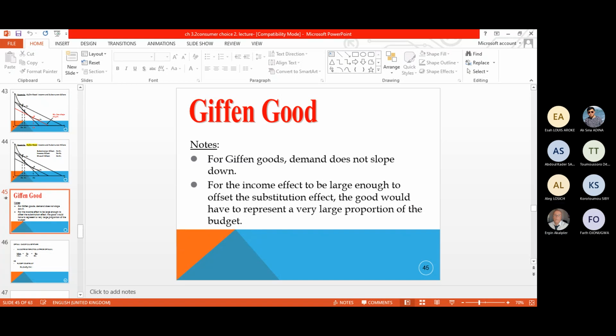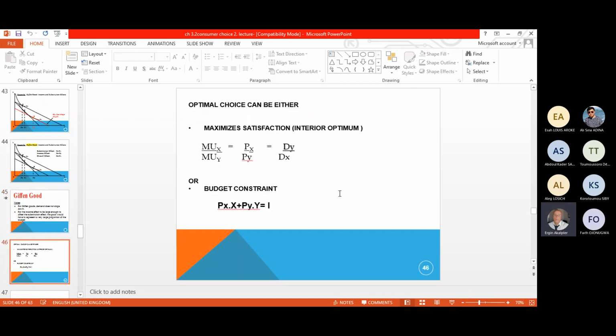Therefore, when we look at maximizing satisfaction, or the interior optimum, the marginal utility of x divided by the marginal utility of y is equal to the price of x over the price of y, which equals the differentiation of y divided by the differentiation of x. Therefore, maximizing satisfaction at the interior optimum is used for estimating the problems.